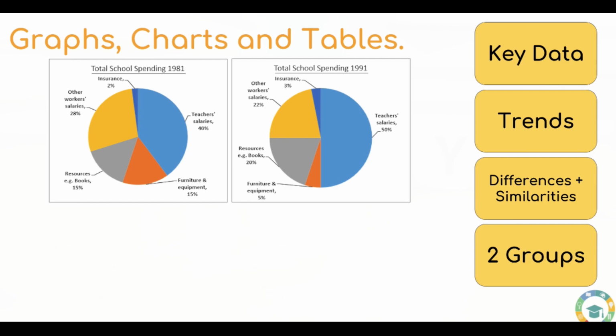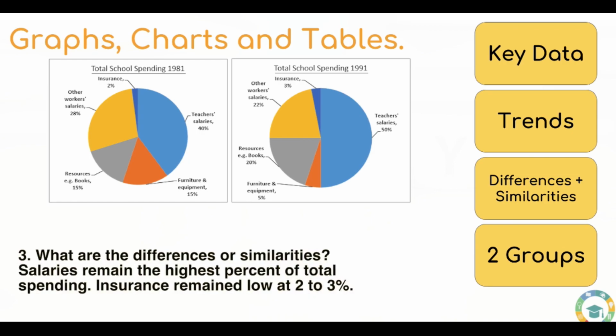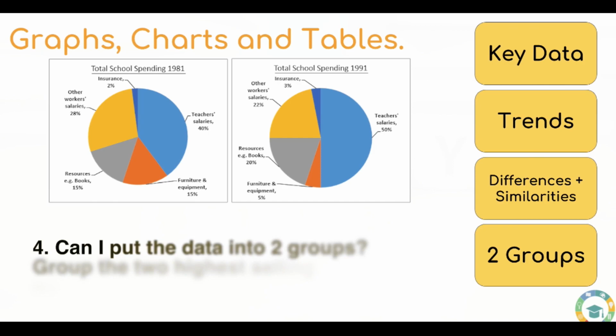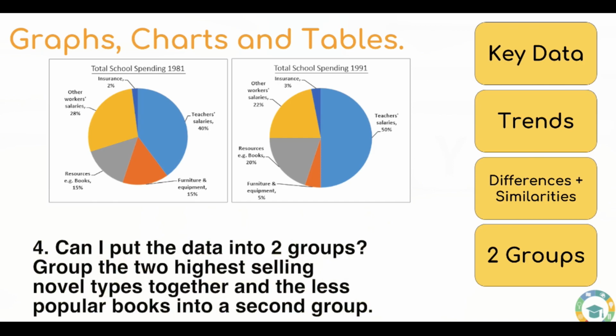What differences and similarities can you see between these two pie charts? Well, the first thing I notice is that salaries remain the highest percentage of total spending. Insurance remains round about the same at between 2 to 3%. And for our last key question, can I group the data into 2 groups?